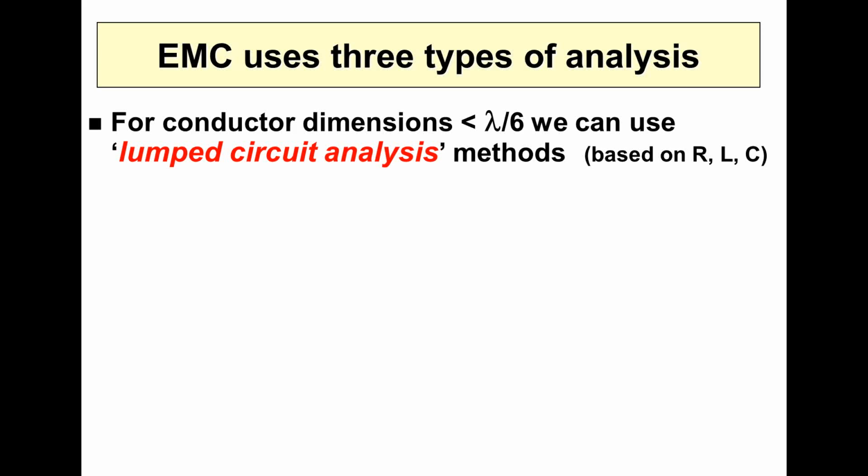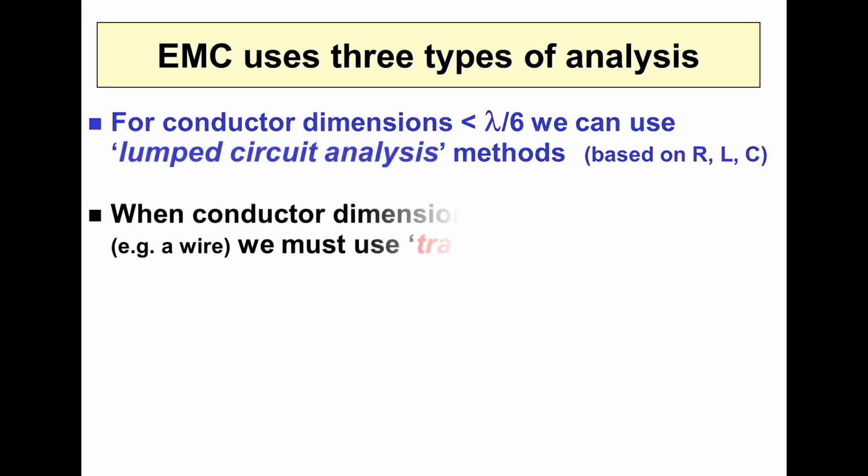So if we have a little 10 nanofarad multi-layer ceramic decoupling capacitor, we might say it's got 10 nanofarads, 3 nanohenries self-inductance, and about 7 milliohms because it's an X7R capacitor. And as long as it's small enough, we can say that.